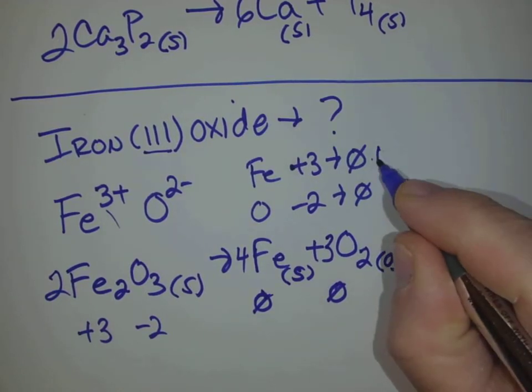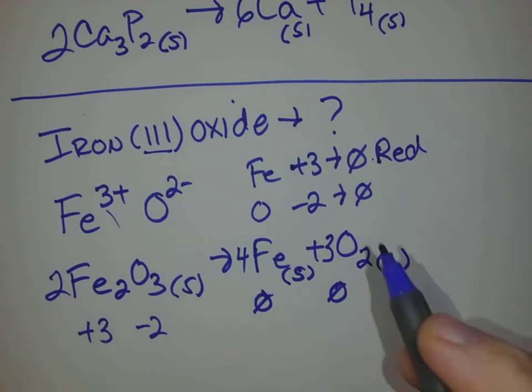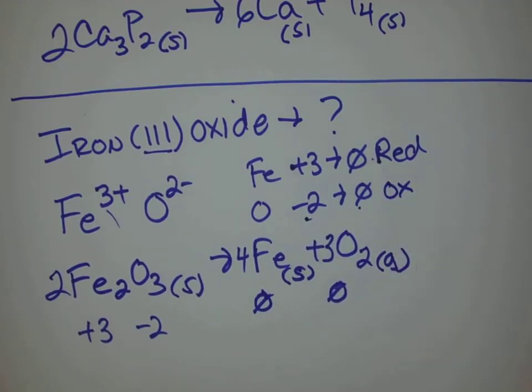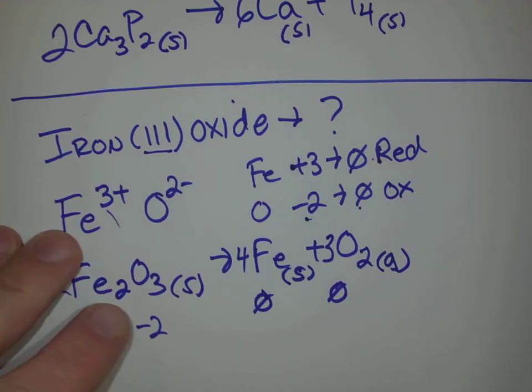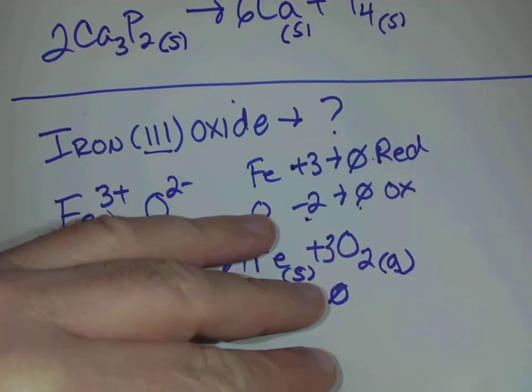So that is my reduction. Oxygen is going from a -2 to a 0, so it's losing, and that is my oxidation. So that is the basic type of decomposition reaction.